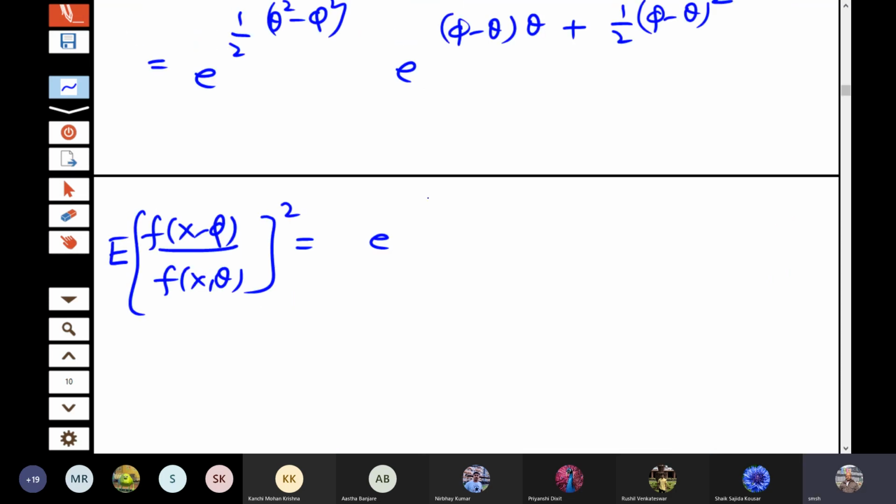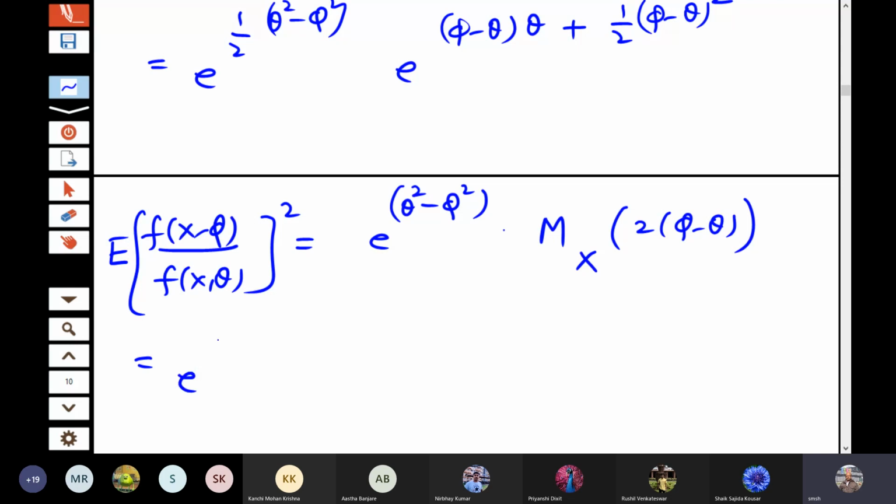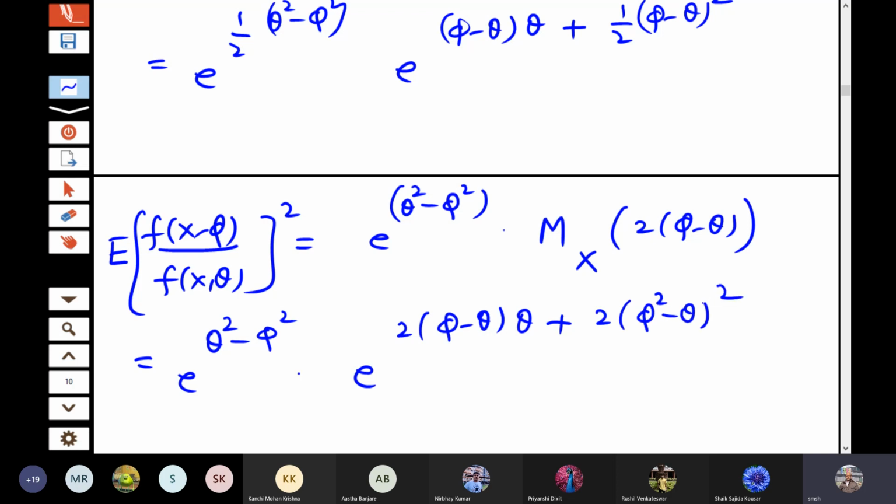So this becomes simply e to the power (theta square minus phi square) into the moment generating function at the point twice (phi minus theta). Again we use the same formula, e to the power mu t, that is twice (phi minus theta) into theta plus half and then 2 square, that is 4. So it will become 2 (phi minus theta) whole square.